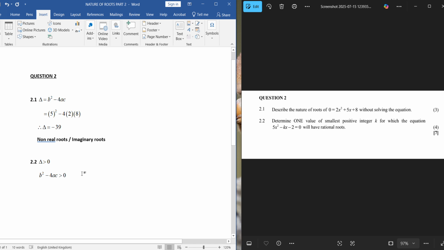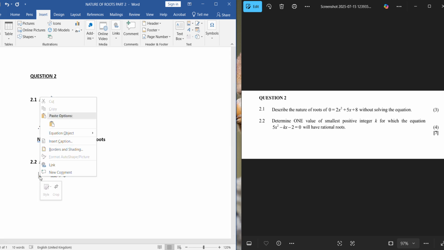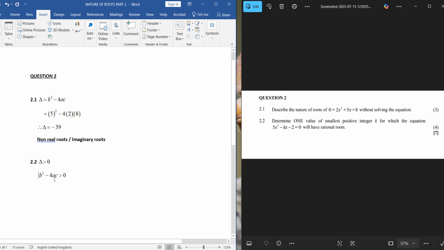Then writing the formula, no mark for writing the formula. Then from writing the formula, we must substitute. From this quadratic equation that has been given to us, remember, b is the coefficient of x. Anything that comes before an x represents the b, and you write it with its respective sign. Then a is anything that comes before an x squared term, and c is any number without an x.